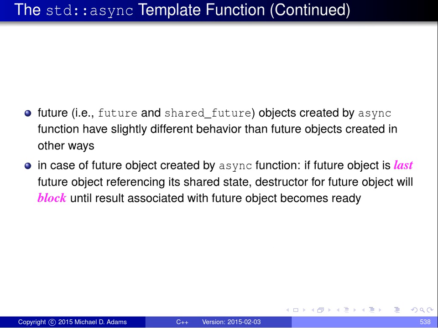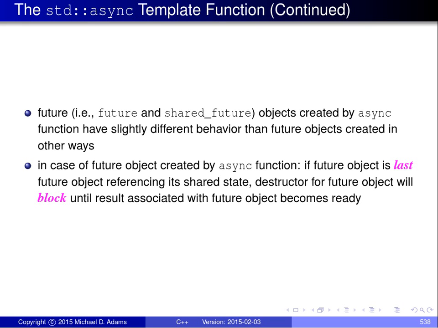I have one additional comment to make about the async template function, and in particular the comment relates to the future objects that are created by the async function. The future objects that are created by the async function behave in a slightly different manner from future objects that are created by other means.